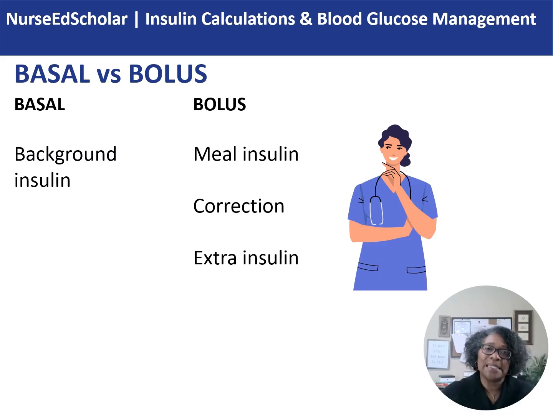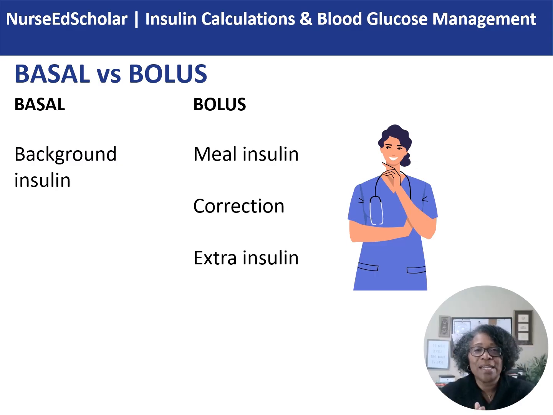The rapid-acting, like Humalog and Novolog, is supposed to control the glucose that's going to develop from the meal they're about to consume, and then the regular insulin could be to control the sugar that they had prior to the meal.